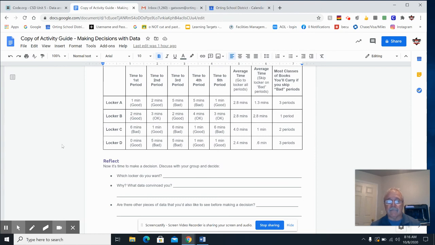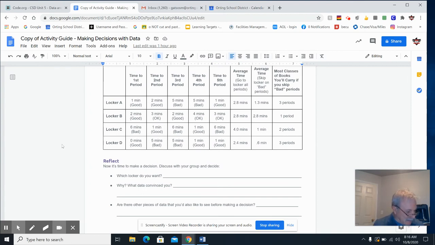B had 2.8 minutes, which wasn't the lowest, but it also didn't have any bads in it. Average times: 2.8 minutes, 1 minute, 1.3, and 0.6. So it took a little bit more, but they skipped the bad periods. So it took a little longer, but overall, I guess the goods outweigh the bads. We can look at it that way.